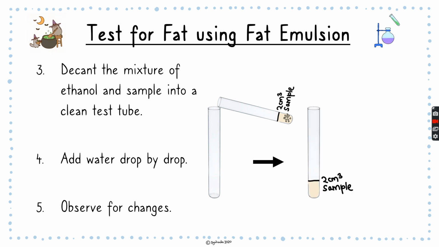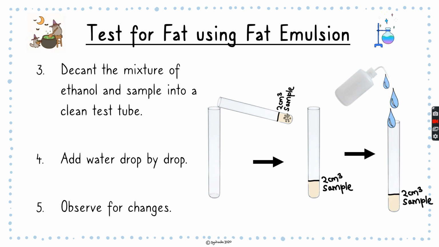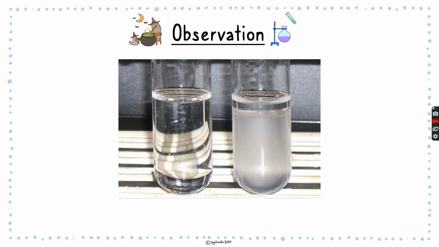After decanting, you're going to get a liquid that doesn't have any solids in it. So next, what you need to do finally is to add distilled water. When you add distilled water, at the end, you can now observe for any changes.